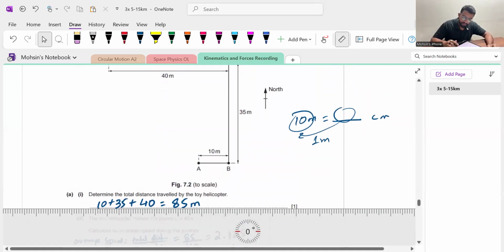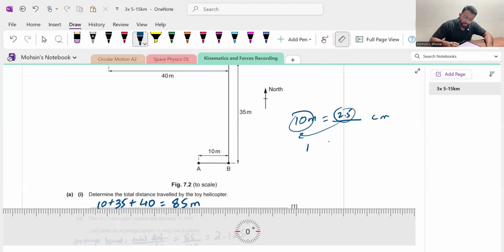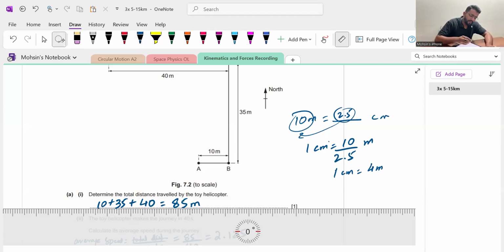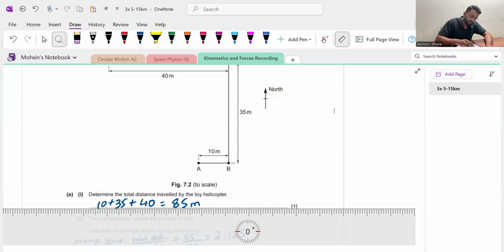For example, if 10 meter is equal to 2.5 centimeter, then 1 centimeter is equal to 10 divided by 2.5 meters. Right now I'm getting 4. So it means 1 centimeter is representing 4 meter, which is not the actual value. I'm just checking the actual answer from the marking scheme.